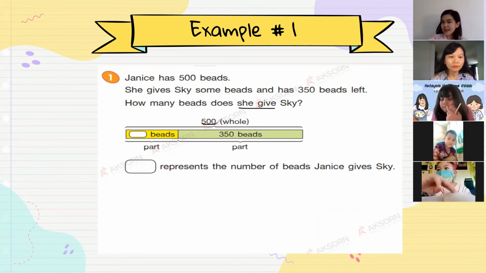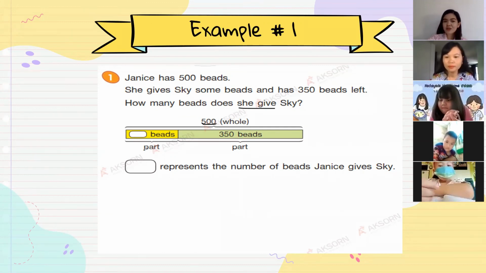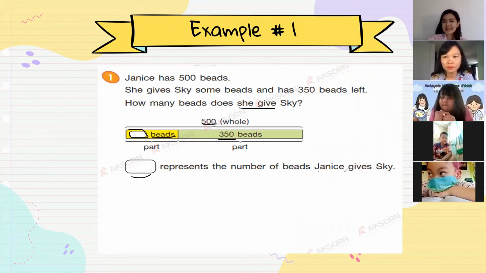I have 500 and then we're going to find the other part of the beads that Janice gave, and then this is the beads that are left. So the box here represents, look at the box, the number of beads Janice gives to Sky. Okay, did you understand?